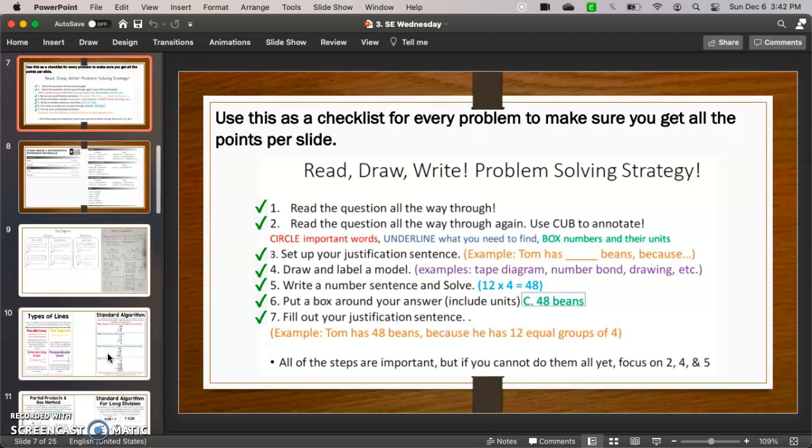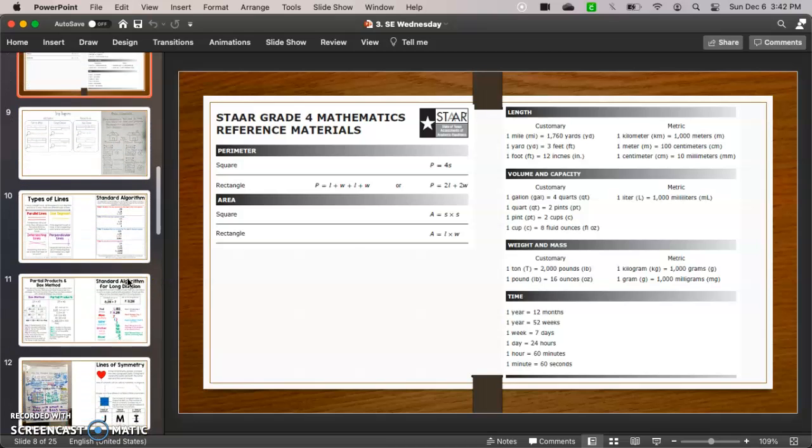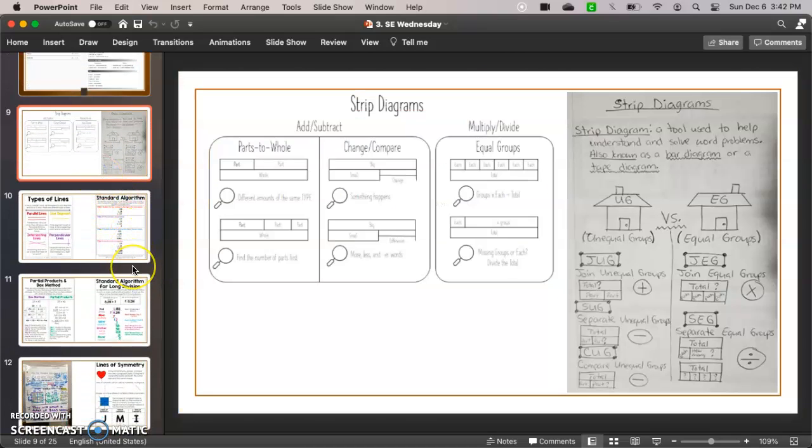You can also use this checklist for every problem to make sure that you get all of the points on the slide. Here's a reference material for you to use. Next are some anchor charts for you to use as well. Remember, you can pause this video at any time so that while you're answering your questions in Pear Deck, you can go back and look at these to help you.